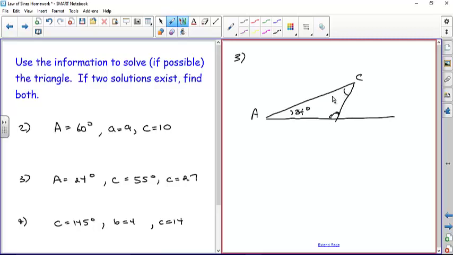So this is angle C, which is 55 degrees. This is angle B. And side C is this one. So C is equal to 2.7.